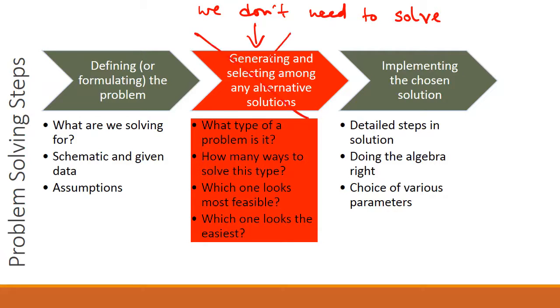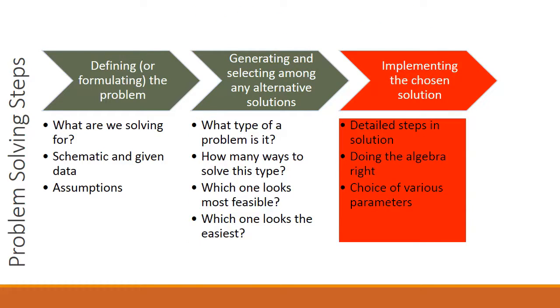So this step is not needed for this problem. So the third one is implementing the chosen solution. Now again, we are not going to actually solve it. So we will just start with the detailed steps, and part of that would be to set up the governing equation, boundary condition, etc.